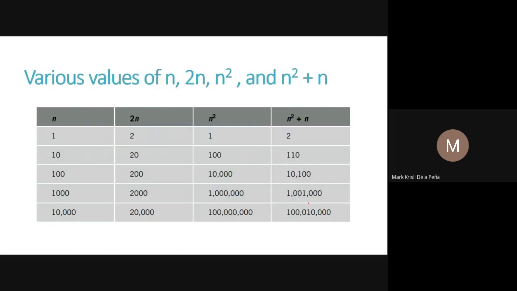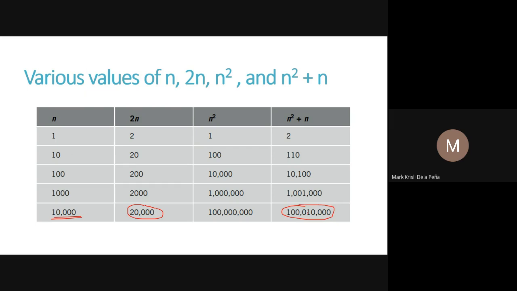Here is a comparison of different growth rates. Let's just say n is equal to 1. Now, if our growth rate is 2n, which is just like the first algorithm presented, these are the values, then n squared plus n. If we compare, when we increase n to 10,000, the growth would be 20,000, while using the second algorithm, that would be 100 million.